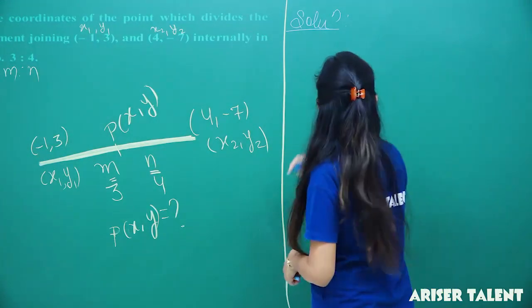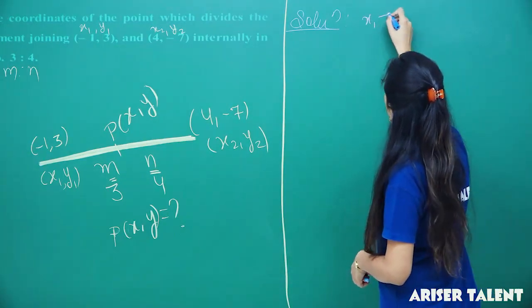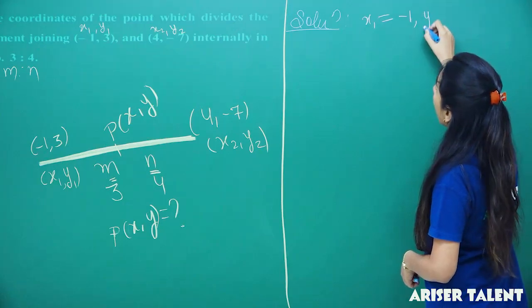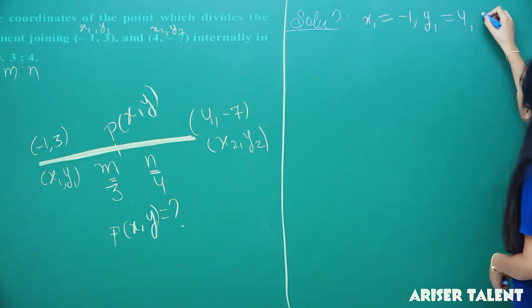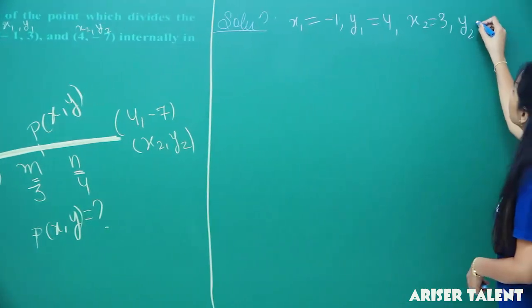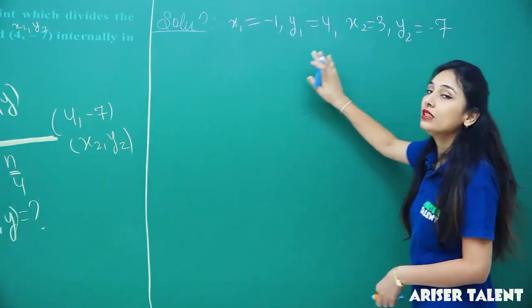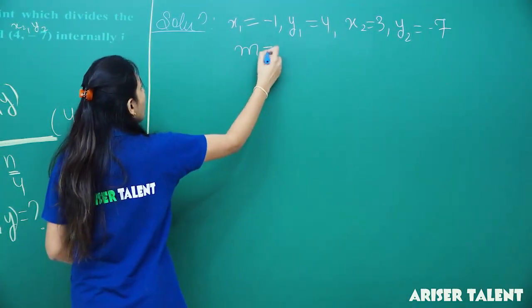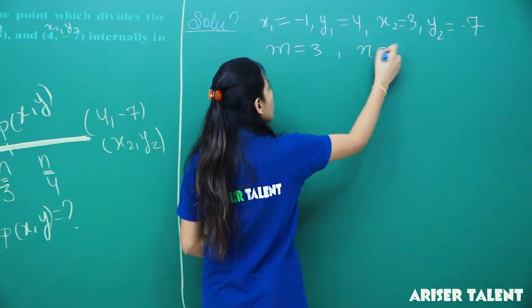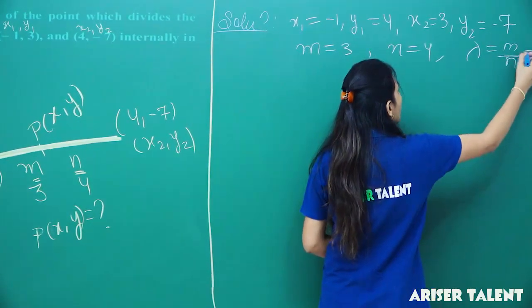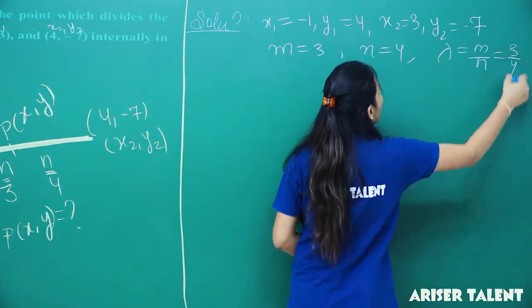Okay, so here x1 is -1, y1 is 3, x2 is 4 and y2 is -7. This is given to you, guys, and m equals 3 and n equals 4, and you can say that lambda equals m by n, that is 3 by 4.